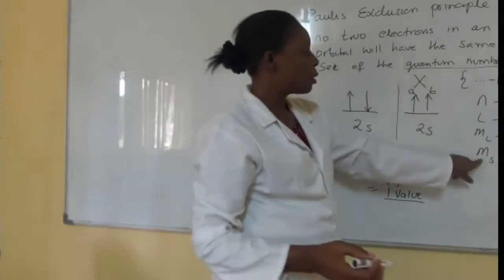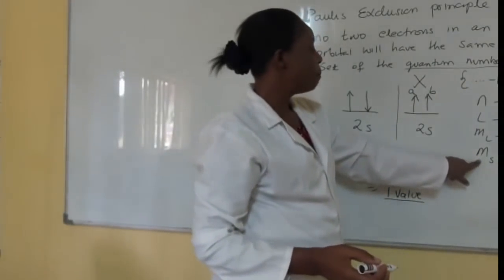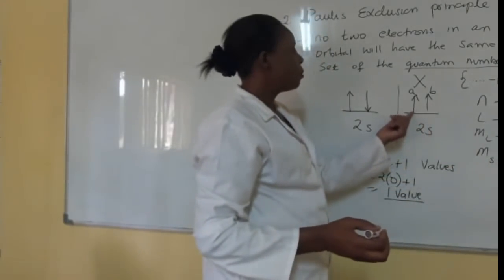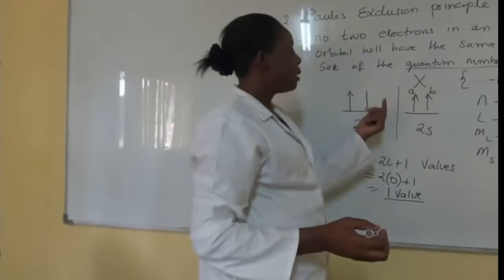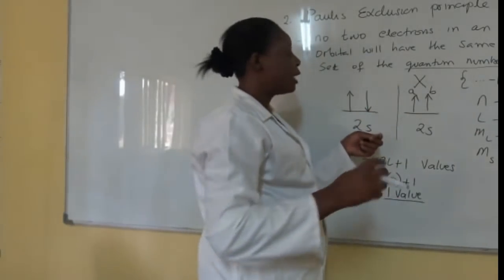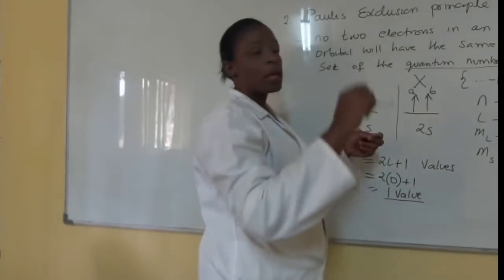Then, what's the spin? Spin quantum number shows you the direction in which your electrons are pointing, either clockwise or counterclockwise.